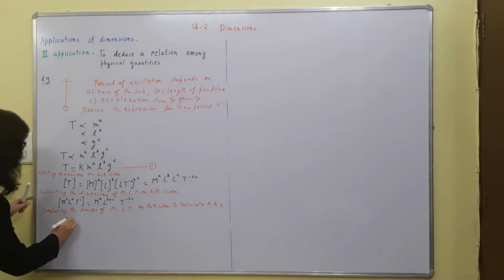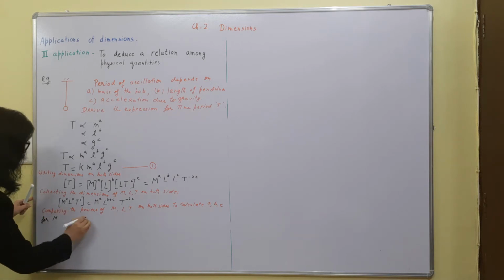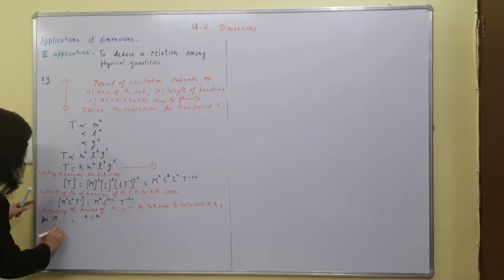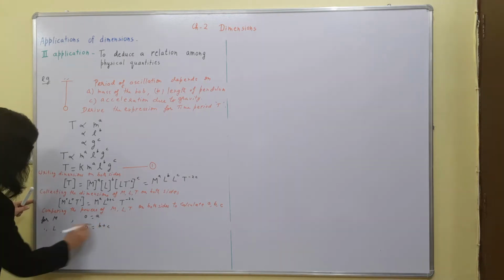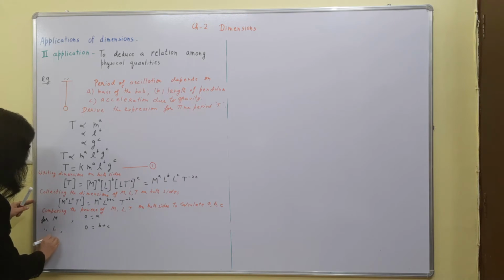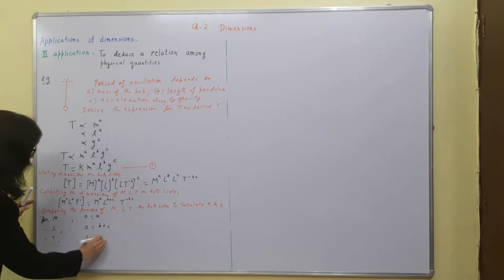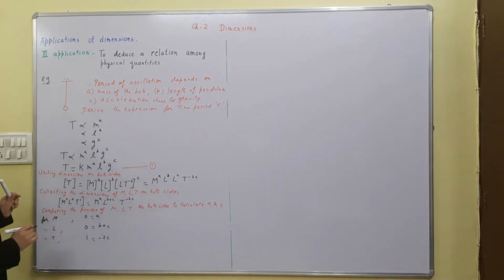So this will be 0 for M. If we are writing for M, on the left side M to the power 0 and here M to the power a, so a becomes 0. For L, on the left side it is 0, on the right side it is b plus c. For T, on the left side it is 1, on the right side it is minus 2c, right?